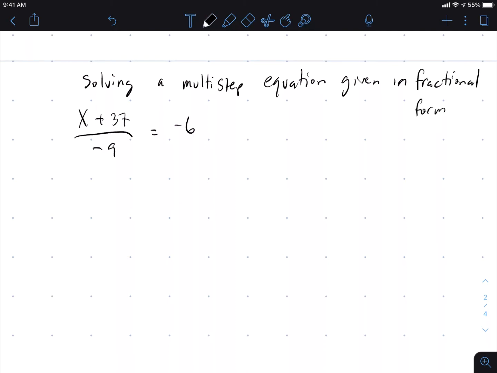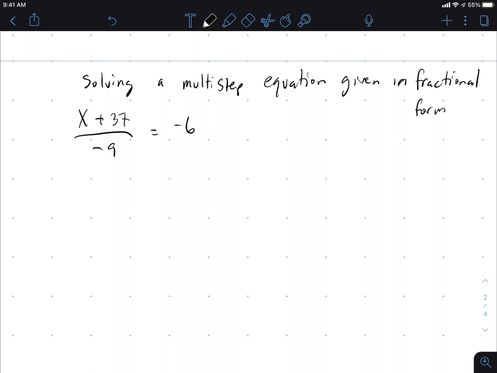All right, so what is the first step to solving this problem? What do you think? Isolate the variable? So we want to get the variable alone.